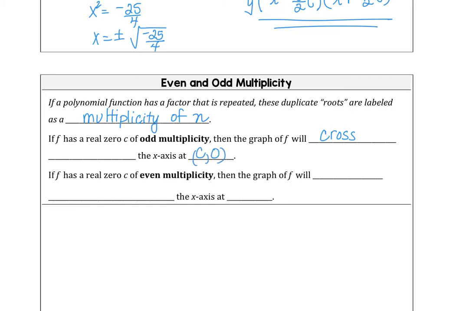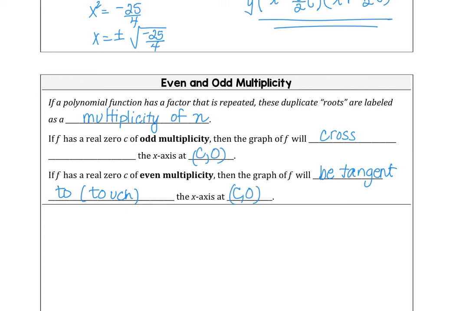If the function has a real zero with even multiplicity, the graph will be tangent to, or just touch, the x-axis at that ordered pair (c, 0).